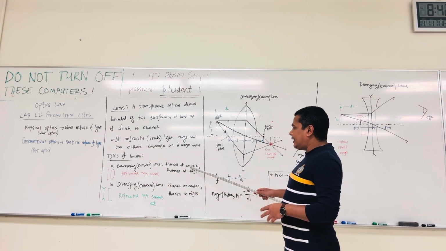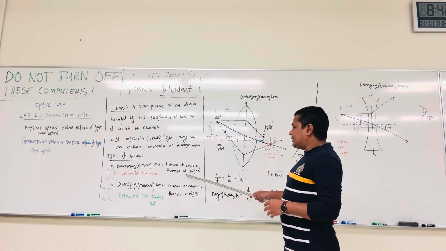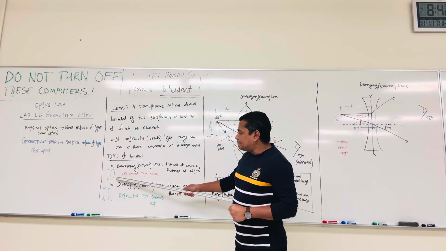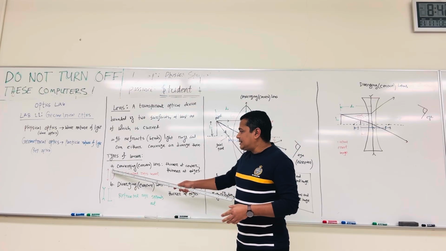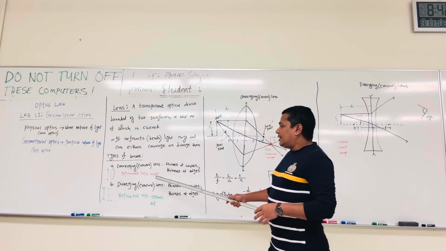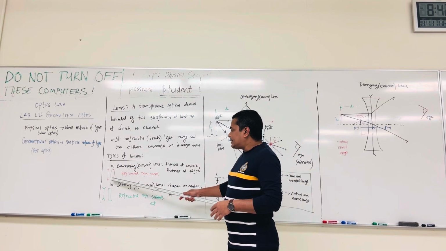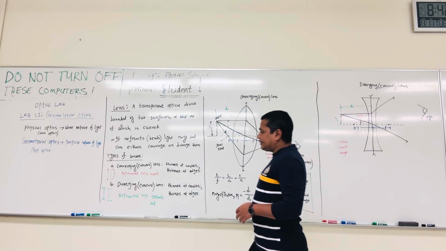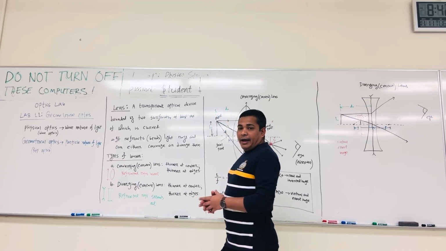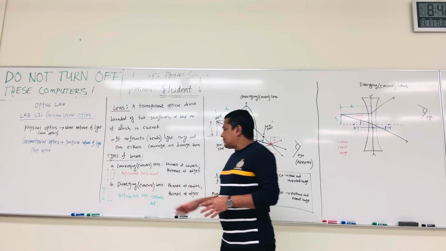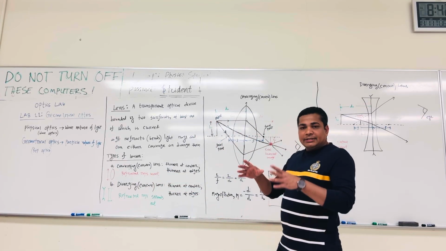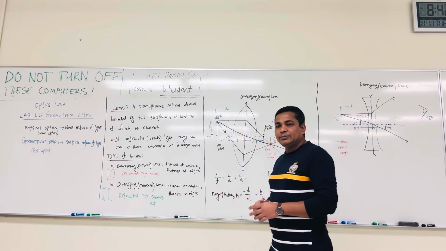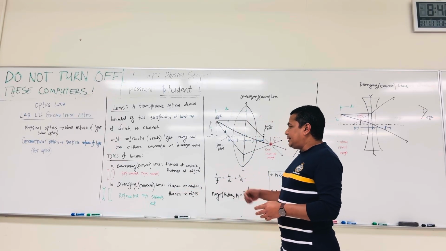It is thicker at the center and thinner at the edges. As you can see, this red figure is the shape of the converging lens, and it is also denoted this way. And the refracted rays, after passing through the lens, meet at a point. We will talk about this later.